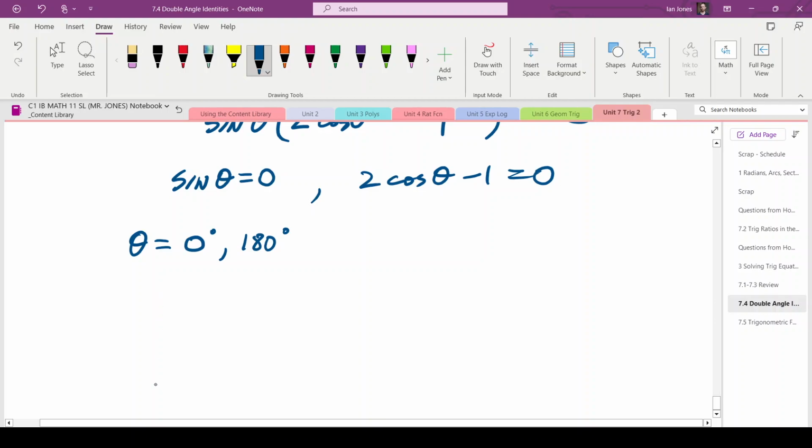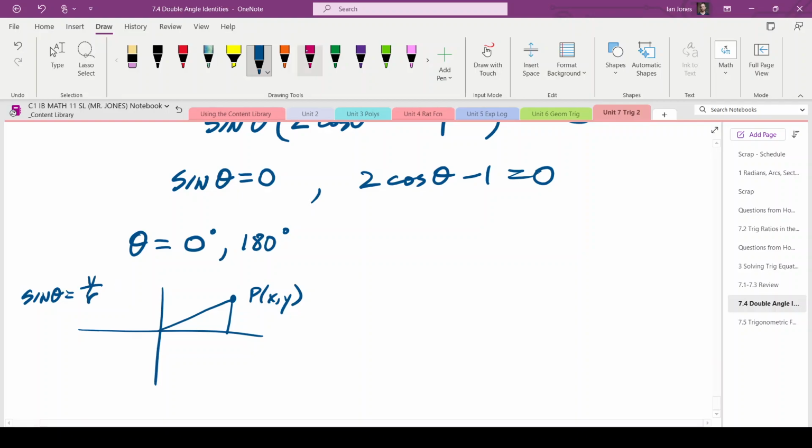And we can see that by remembering the new definition of sine is y over r. How could y over r equal 0? Well, when y equals 0. That's the only way. When does y equal 0? Right at the very beginning, when this is at 0 degrees, y is 0. That's this answer.